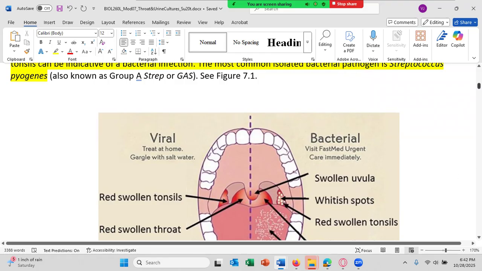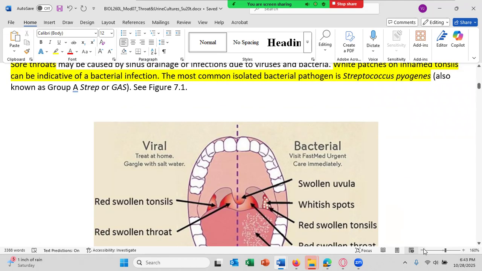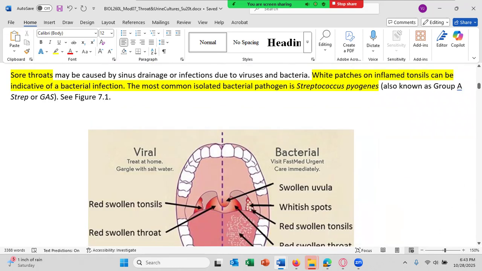In this lab, we're only going to talk about bacterial infective agents. The most common isolated bacterial pathogen from the throat is Streptococcus pyogenes. That's its scientific name. It's also called Group A Streptococcus, or GAS as an abbreviation, G for Group A, and then S for Streptococcus.